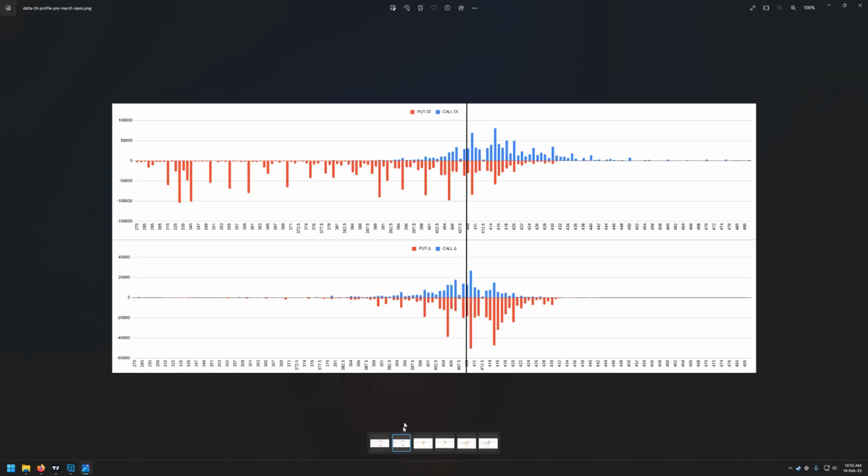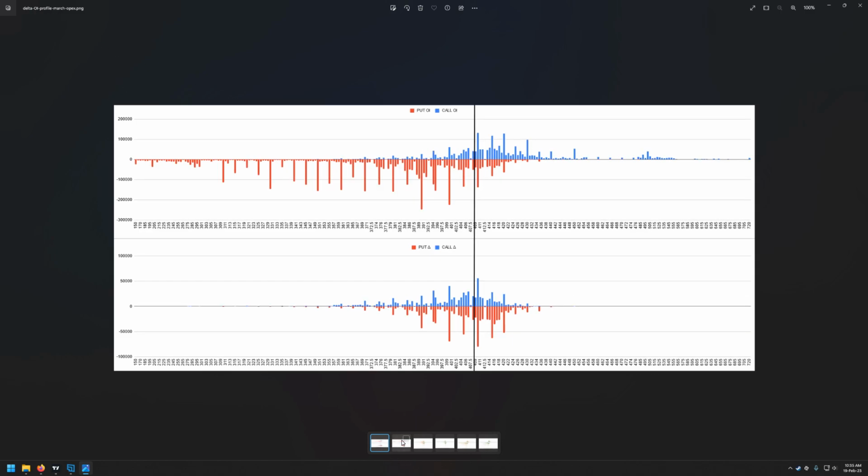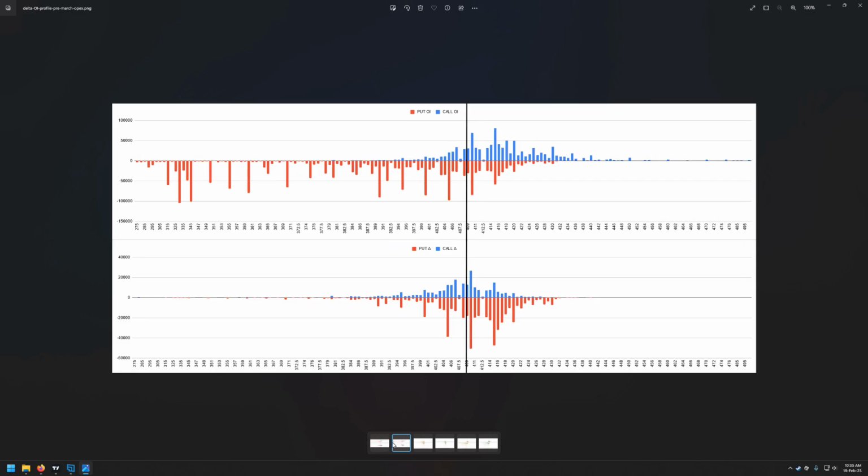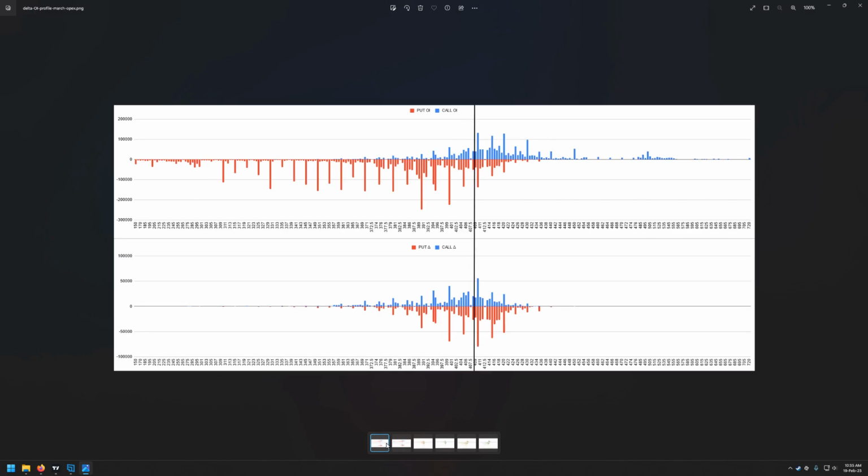But when we add March into the equation, so this is the one without March OPEX, this is the one with March OPEX. We see that the situation changes a lot. So because of this, I kind of think we stay around the current levels, like go to 400 and go back up to 410 at least until the end of the month.